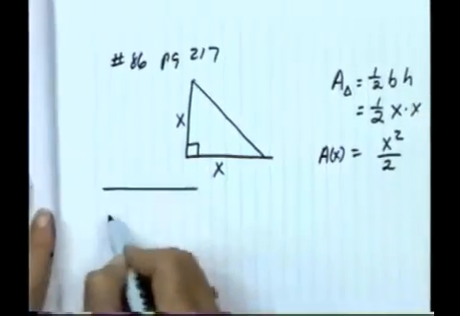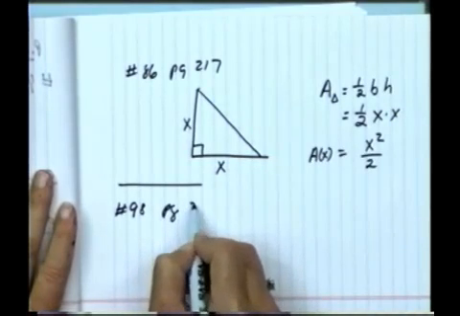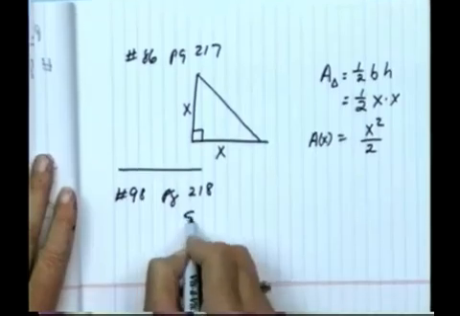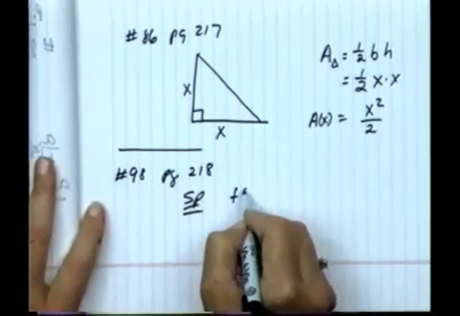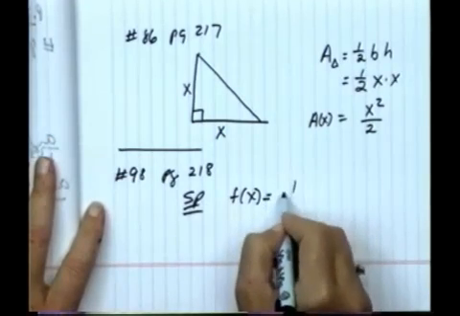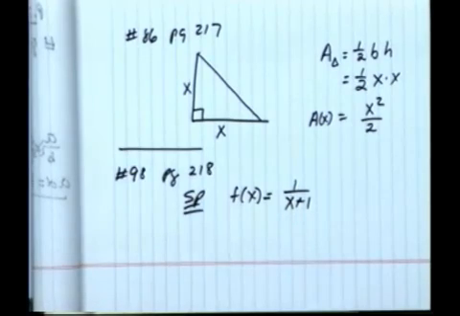Okay, we're looking at number 98 on page 218. This is just a suppose. Suppose I gave you the function f of x equals 1 over x plus 1. What would you say your domain is here?